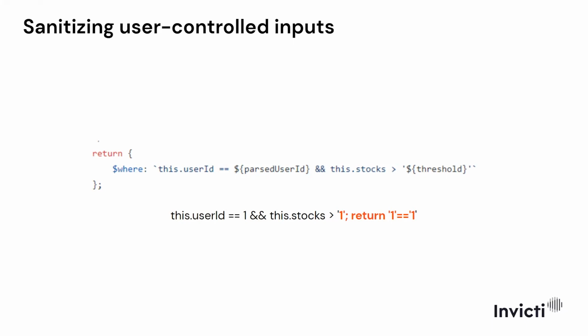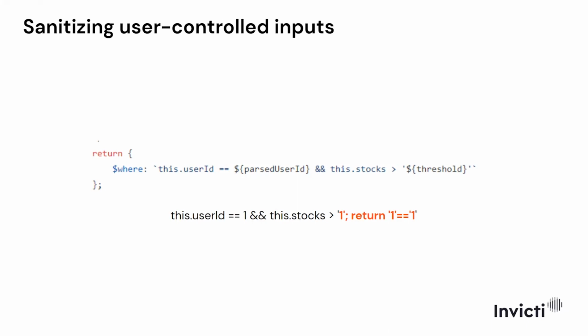And therefore, you can basically control the return value of the operation here. The way this works is that it would go through the database and call the JavaScript function you can see here for each document in the collection. And since this always returns true, it will just return all of the documents.